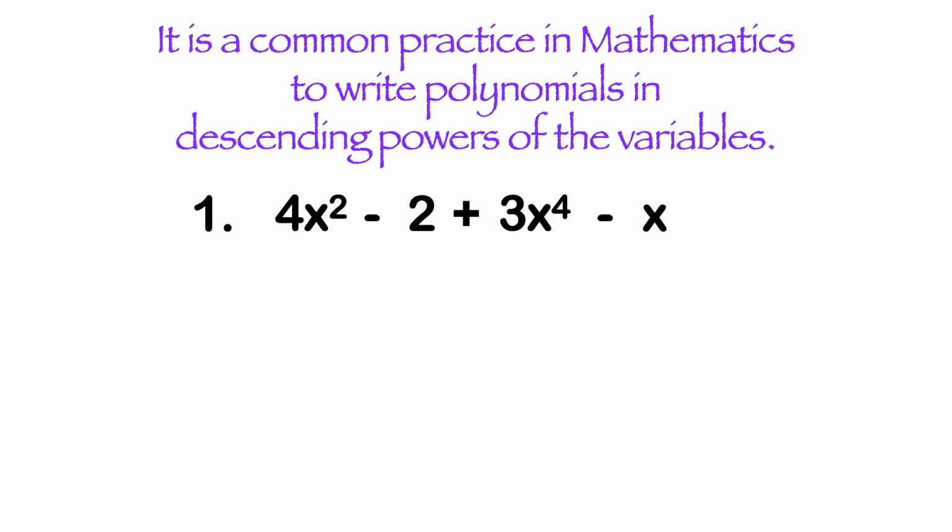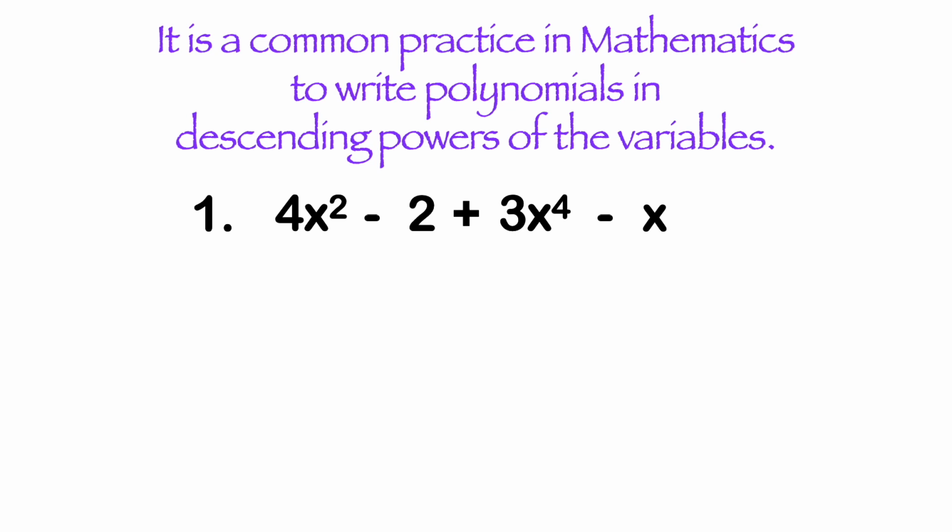Ang i-consider natin sa pag-arrange natin ng terms ng polynomials, yung exponent ng variables, hindi yung numerical coefficient. Kasi may mga estudyante ako na akala nila ang kino-consider yung numerical coefficient. Hindi yun, no? Ang kino-consider pag nag-arrange ay yung exponents. At kapag descending order, greatest to least.